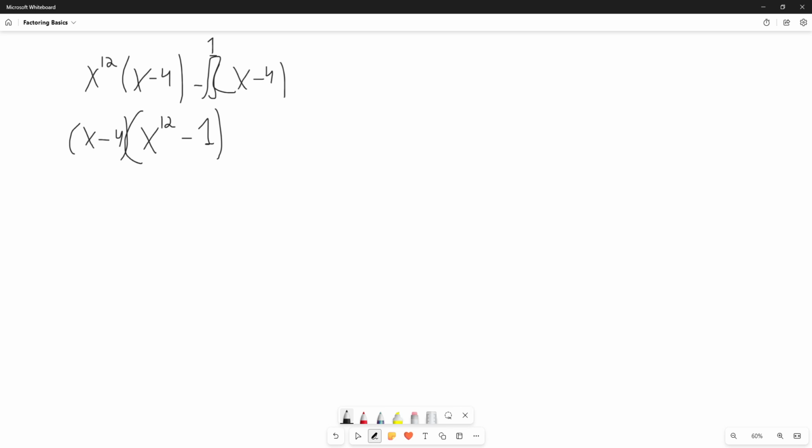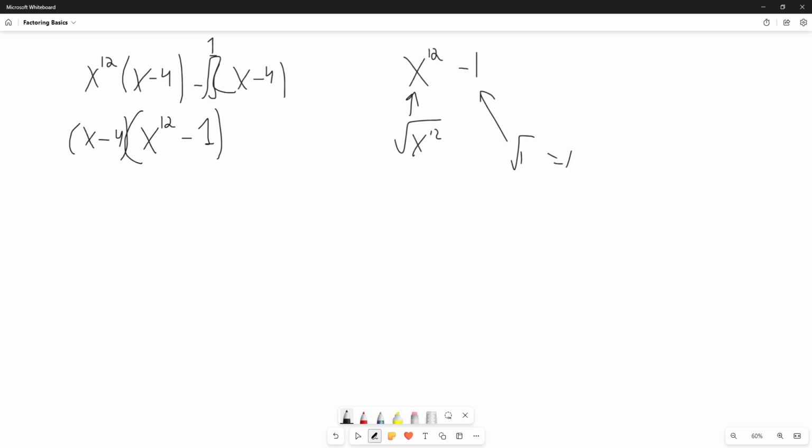Now we have a perfect square. We can't really do anything with the first term, but we can with the second term, x to the 12th minus 1. This has a perfect square, and this has a perfect square.